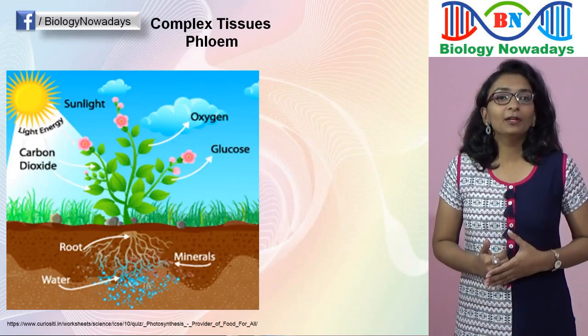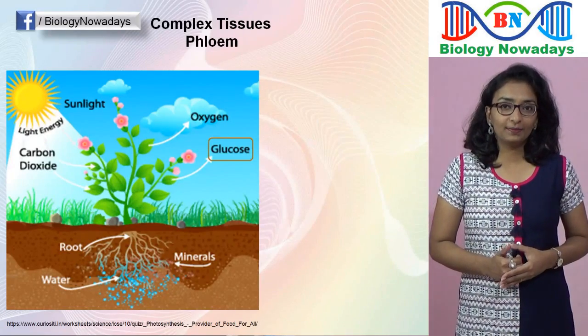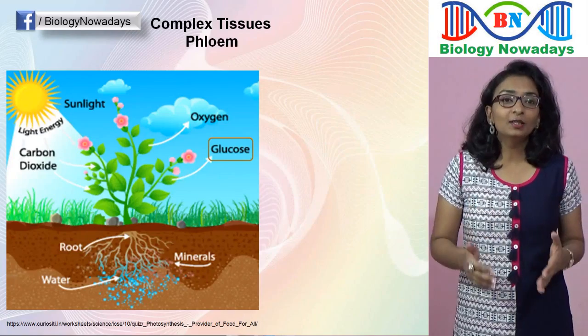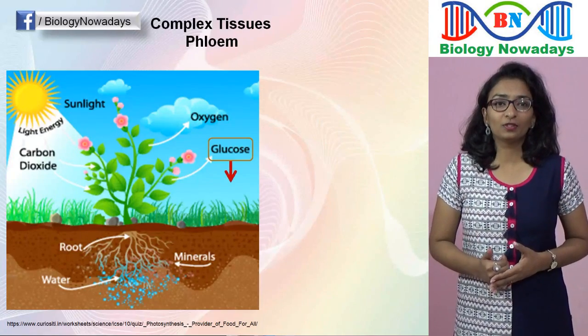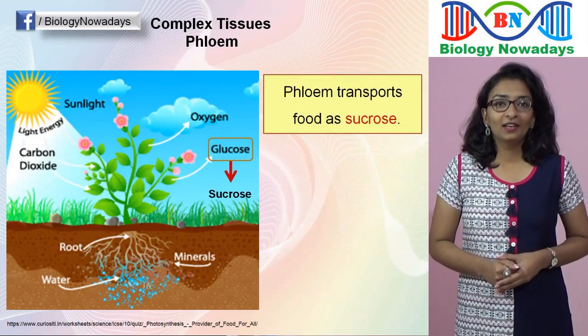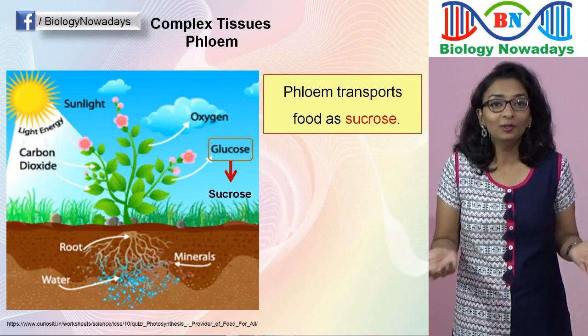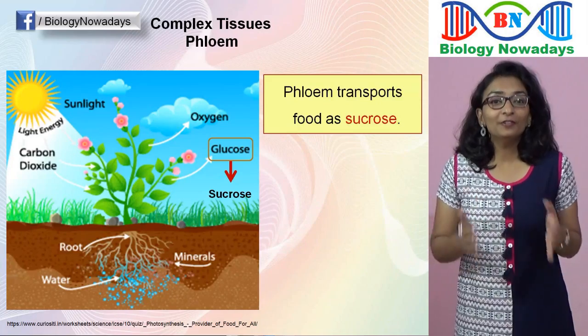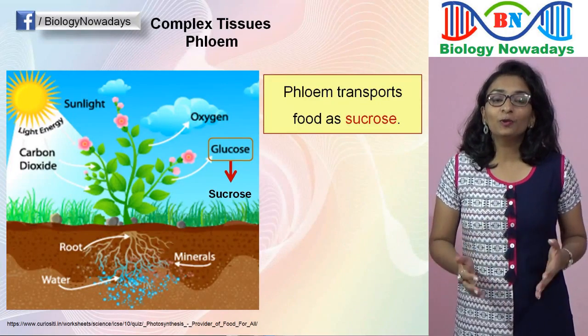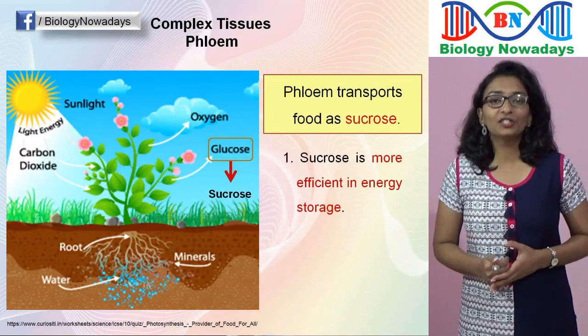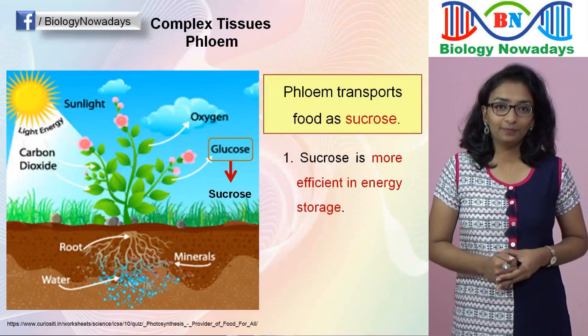You know that plants prepare glucose during photosynthesis. In most plants, this glucose is converted into sucrose for transportation. You may be wondering why plants use sucrose for transportation and why not glucose? The first reason is that sucrose is more efficient in energy storage when compared to glucose.